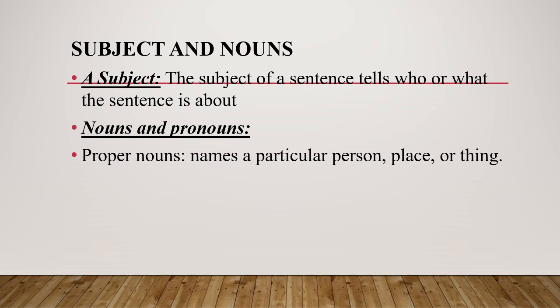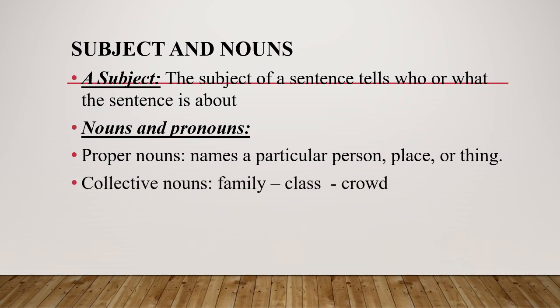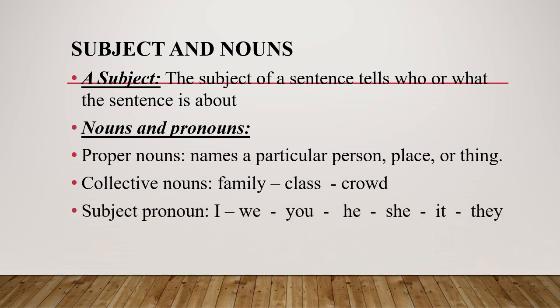A proper noun is a noun that names a particular person, or place, or a thing. The collective noun is the noun that expresses a group of people, like family, class, crowd. The subject pronouns, usually we have 7: I, we, you, he, she, it, they.